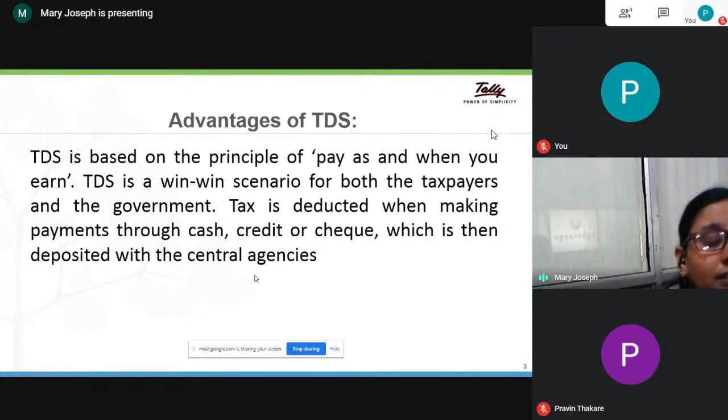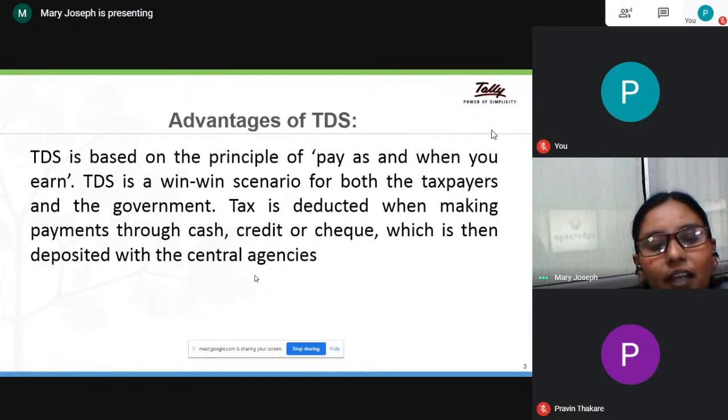And what about the deductee? A big question mark comes for the deductee. If he is earning 10,000 and from that 10,000 he has to pay 1,000 to the government, he receives 9,000 from the deductor. So what about the 1,000?